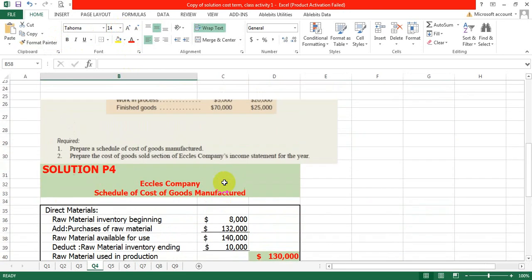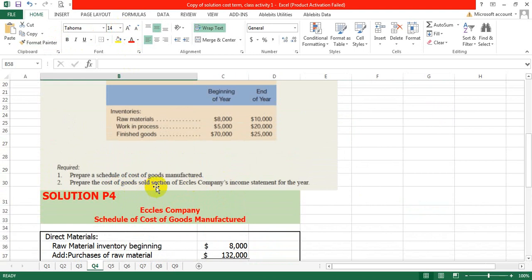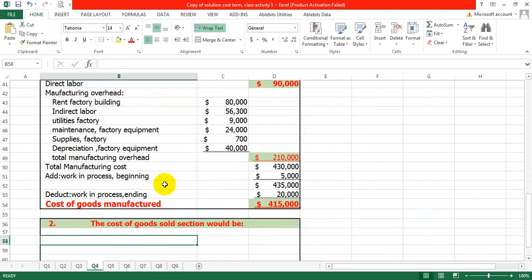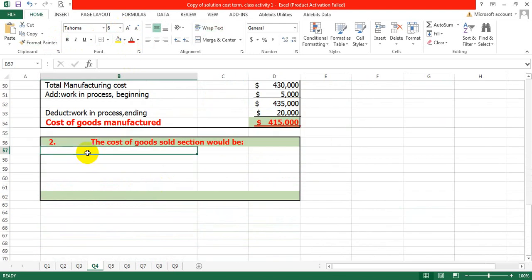Now the second part is to prepare the cost of goods sold section, right? How can we prepare the cost of goods sold section, and from where can we get cost of goods sold?